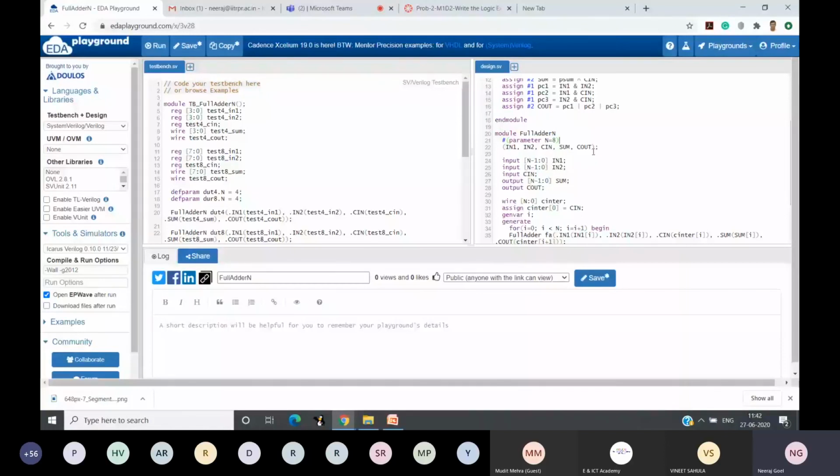Because my adder is generic, I have to say that this input is of n-1 to 0. So if n equals 4, then it is 3:0. If n equals 8, then it is 7:0. That means my input is an n-bit number, but this n could be different for different instances. Similarly my sum is also an n-bit number.